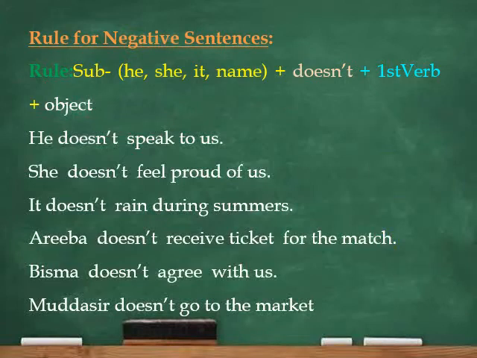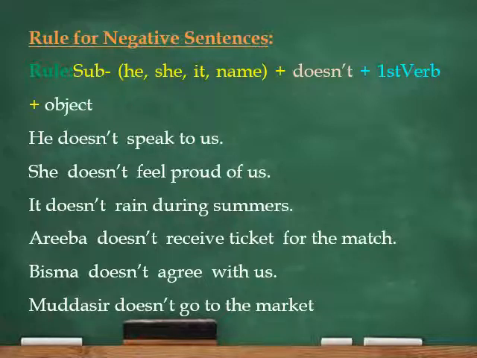Now we will study the use of doesn't in present indefinite negative sentences. The given rule says subject like he, she, it, name plus doesn't plus first form of verb plus object. We use doesn't with subjects like he, she, it or any name.